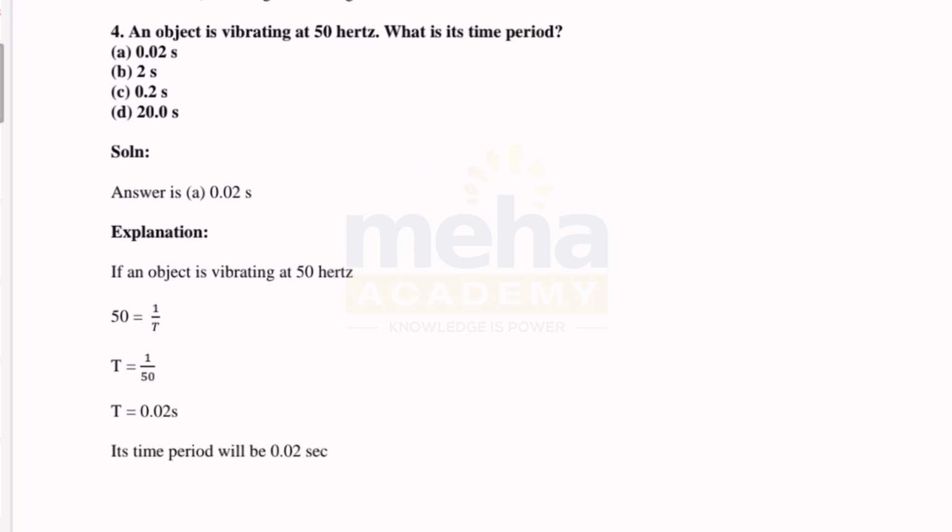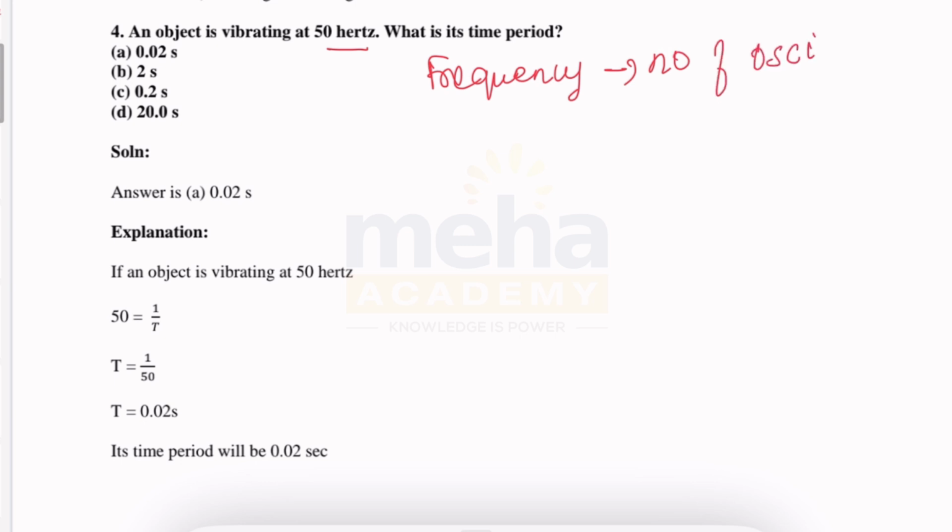An object is vibrating at 50 Hertz. What is its time period? When you see Hertz, we know the unit of frequency is Hertz. What is frequency? Frequency is the number of oscillations per second.